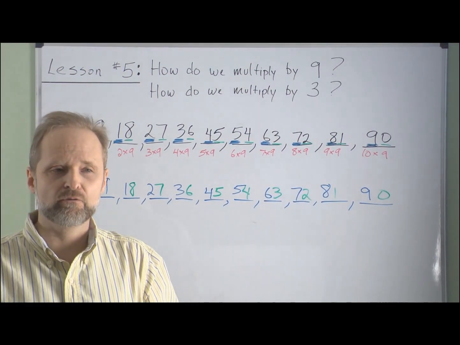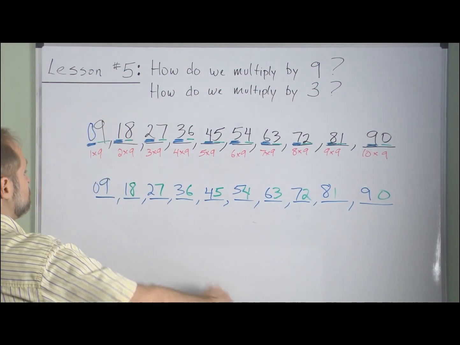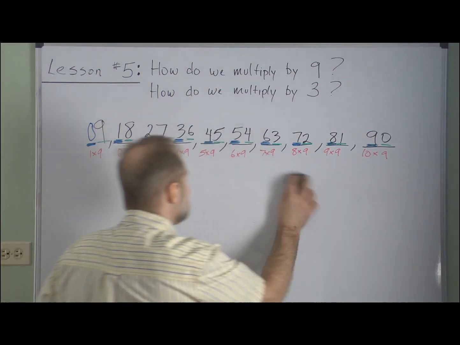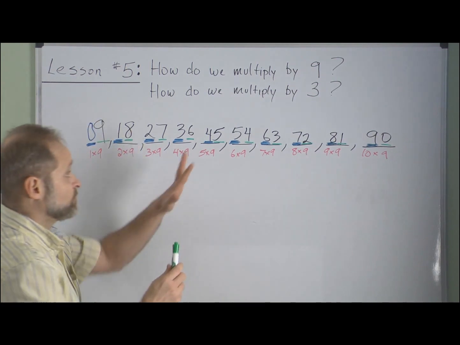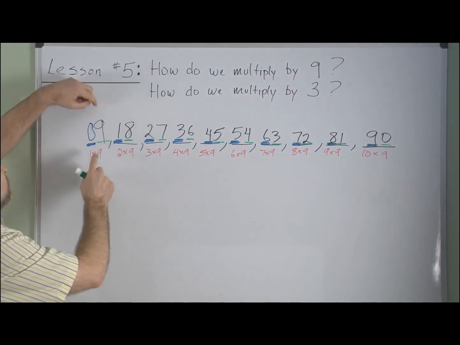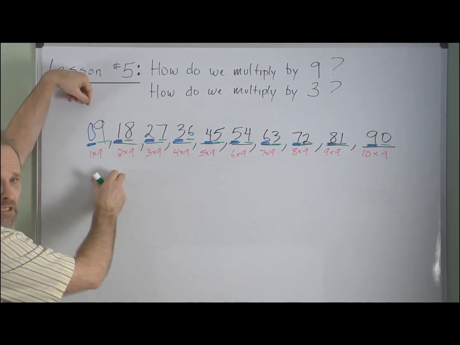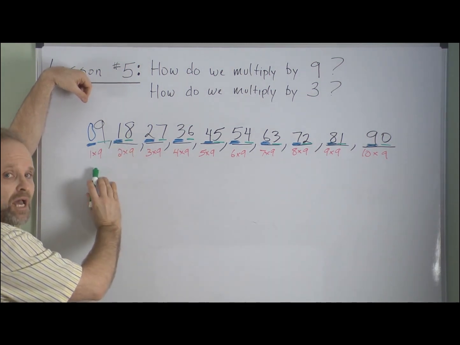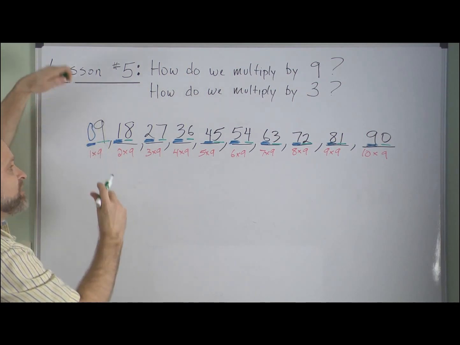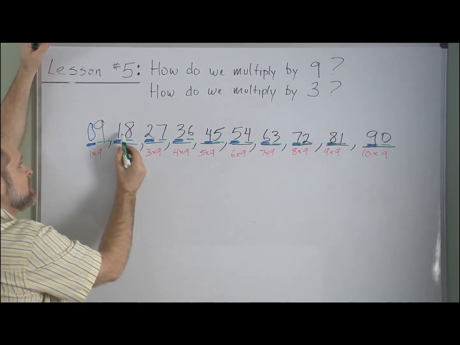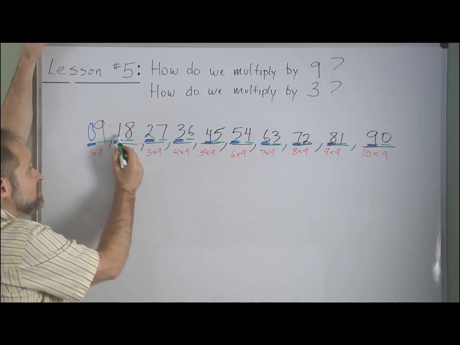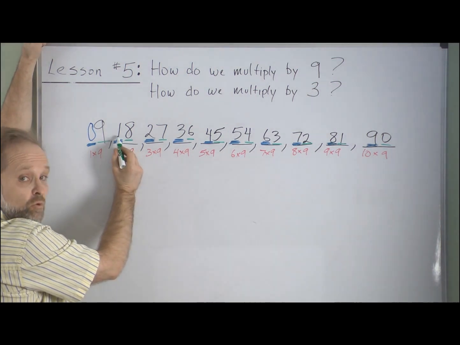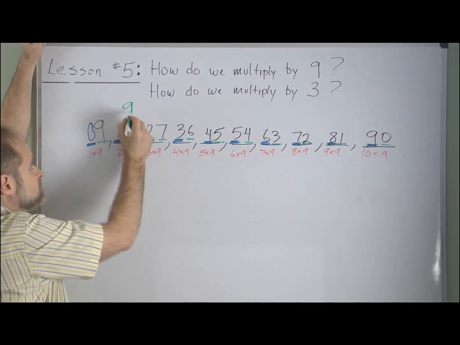A second pattern right here that I want to make sure that we realize. And this pattern right here is going to be very important later in math. Usually when you have a number like 18, you have no reason to add these two digits together. However, something interesting happens when you do that. If somebody asks us to add the digits 1 and 8 together, we know that 1 plus 8 is going to give us 9.